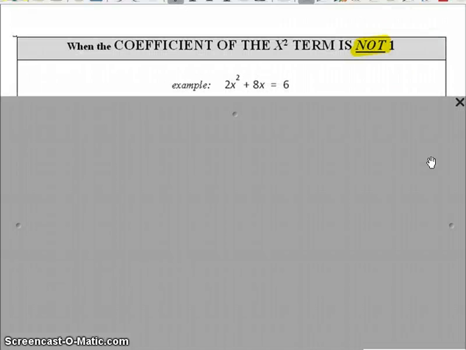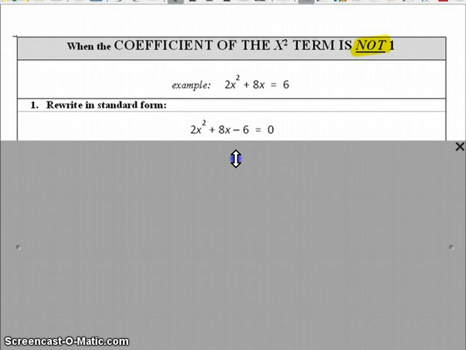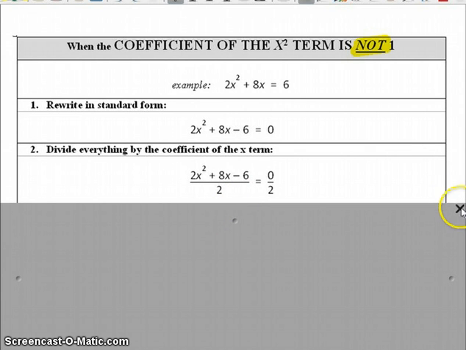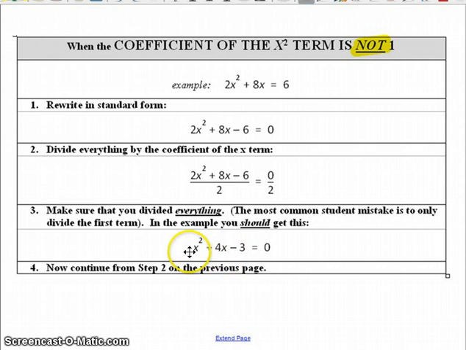The other side of that guide explains what to do when the x squared term is not 1. And it's really actually a pretty simple process. All I'm going to do is get rid of that 2 in front. How? By dividing everything by 2. If I do that, then instead of 2x squared, I've got x squared.